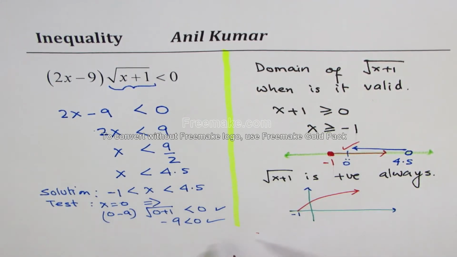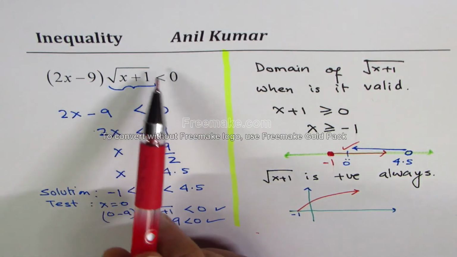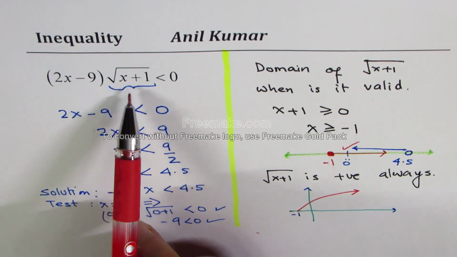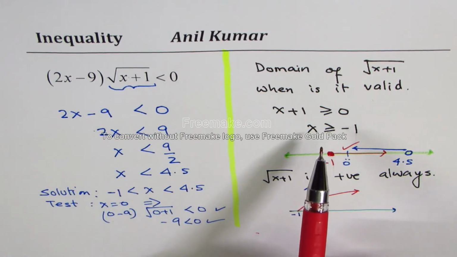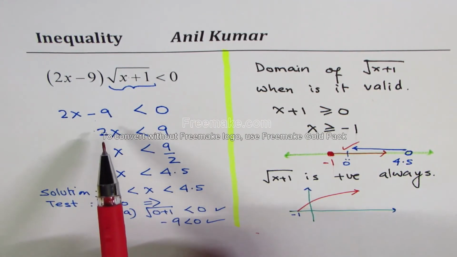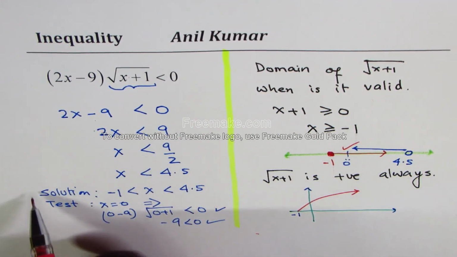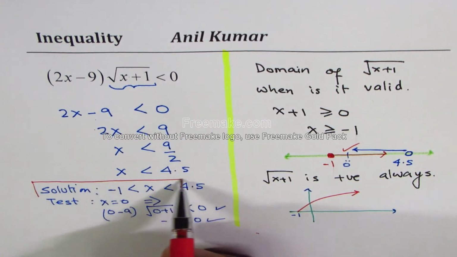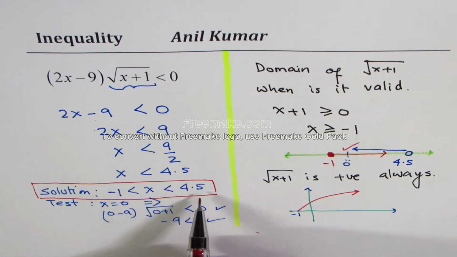I hope in this solution you understand that since one of the terms is always positive, in our solution we can take it away and just solve for the term which could change sign. And that is why we worked with the linear term and got our solution. And the answer, I hope, is clear, which is x is between minus 1 and 4.5.